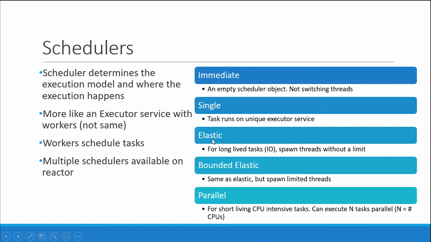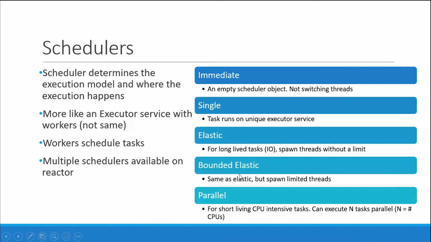And we have elastic schedulers. It's normally used for long-living tasks like IO threads. The main difference between elastic and bounded elastic is that elastic doesn't have a limit. It will spawn as many threads as you ask. But bounded elastic will spawn only a limited number of threads, user defined or program defined.